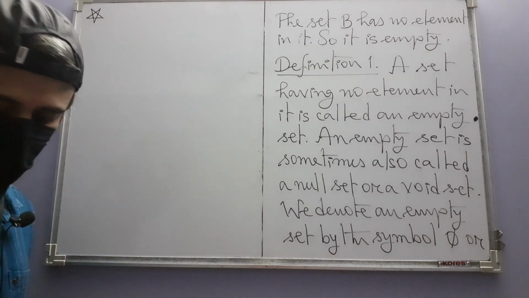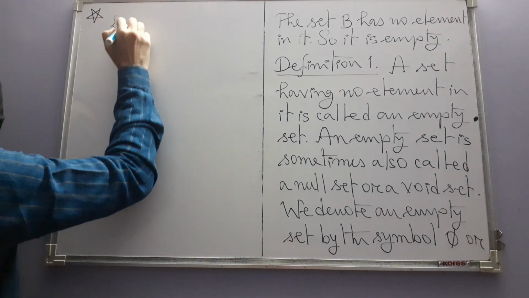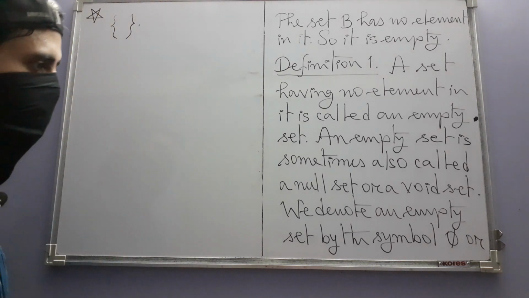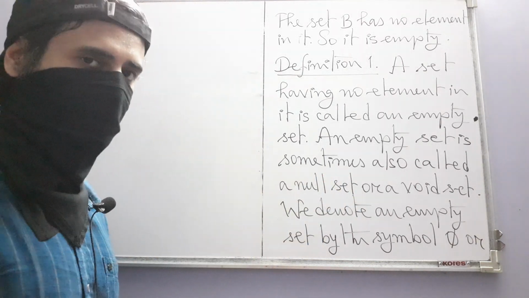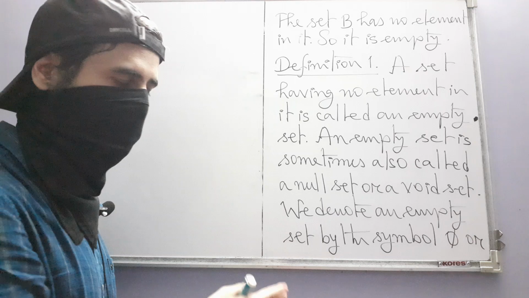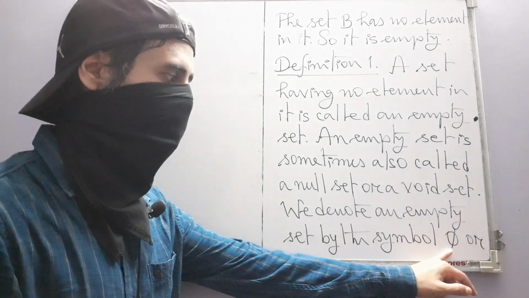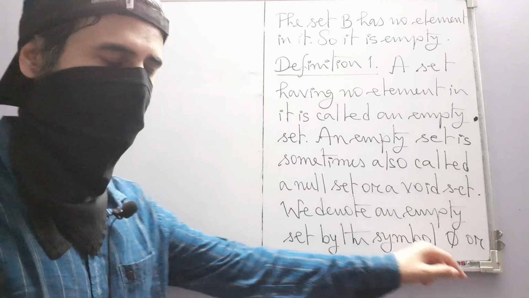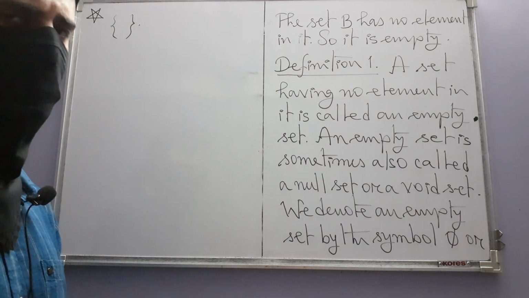So the other symbol looks like this or this. Just like the terms null set and void set are not really used, we normally say empty set, this symbol is the frequently used one and this symbol is not used at all.